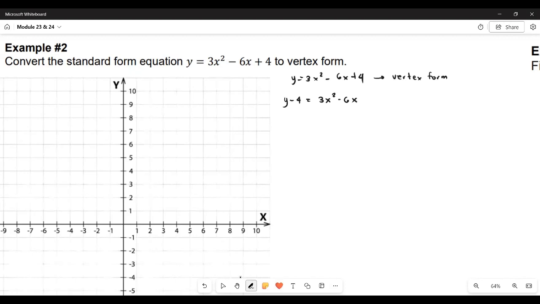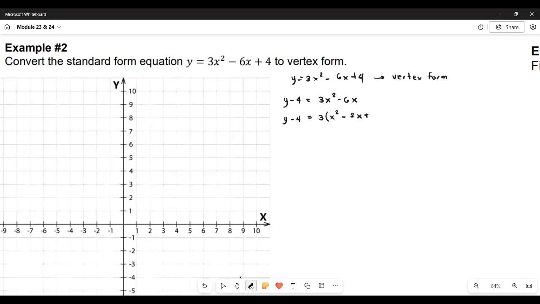Okay? So ngayon, i-factor out natin dito sa right side of the equation yung 3. Okay. So we will have x squared minus 2x plus.